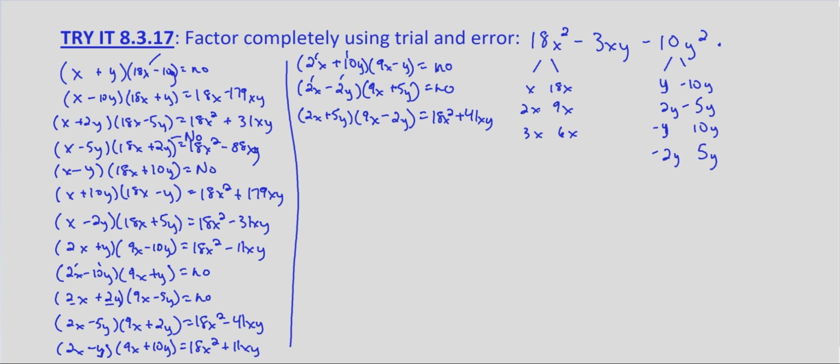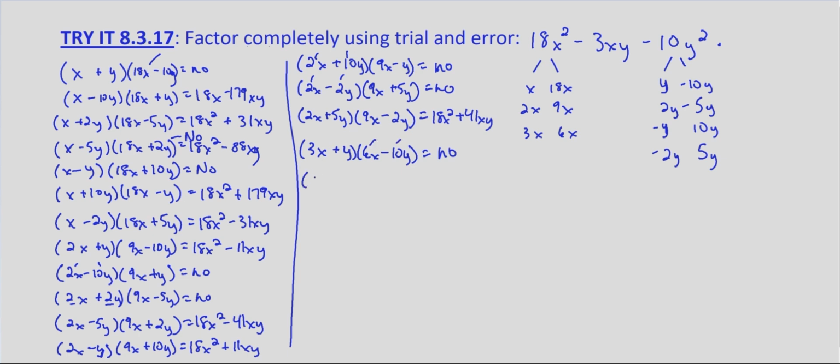And so we'll go on to our third row for our leading term. So 3x, and then we'll go back to our first row for our last term as well. So 3x plus y times 6x minus 10y. Well, we know that's a no because of the 6 and 10. They have a common factor of 2.